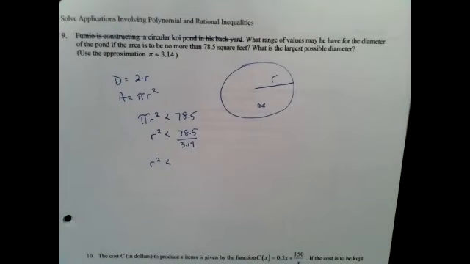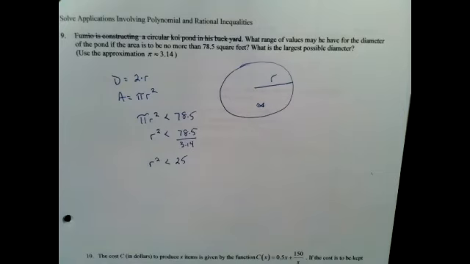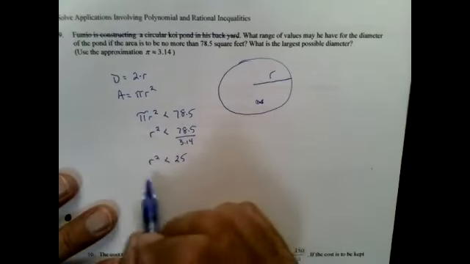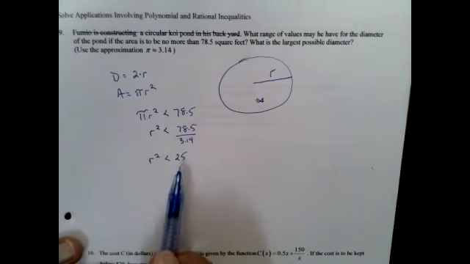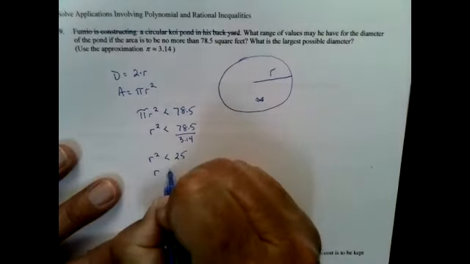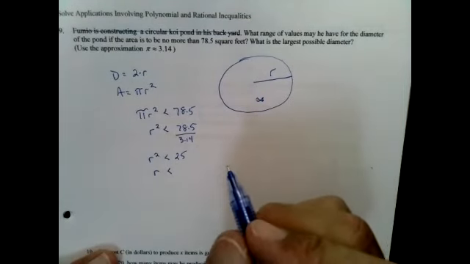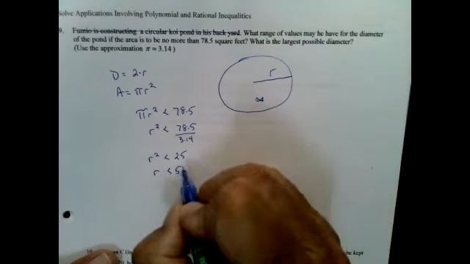According to my phone, 25. Oh, that's kind of nice, because I want r squared to be less than 25, and then I take the square root. So I need a radius that is going to be less than 5.